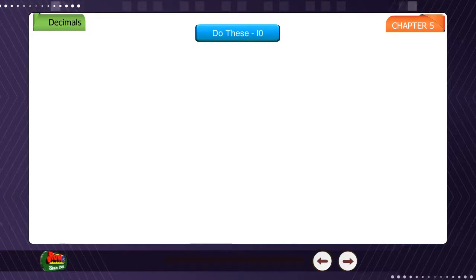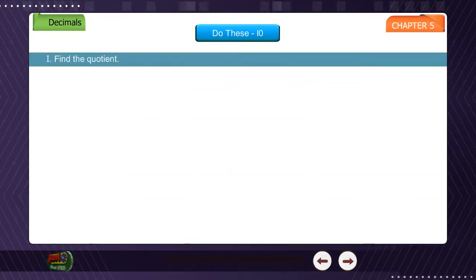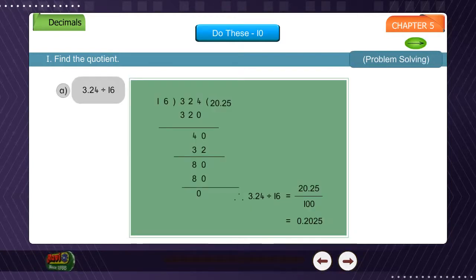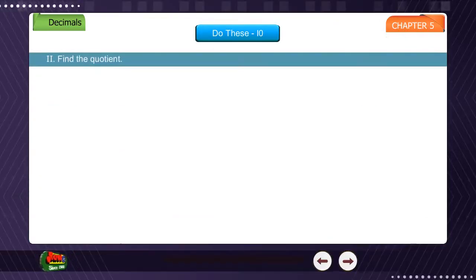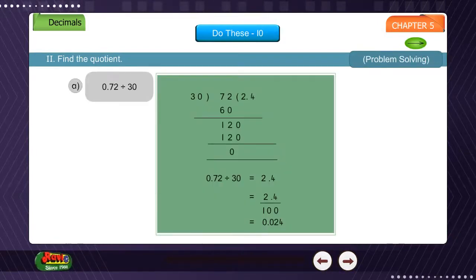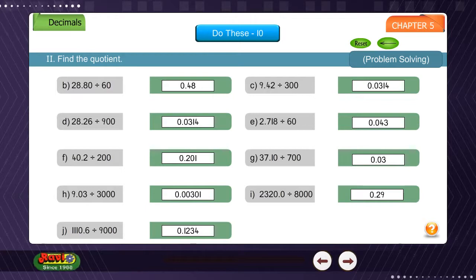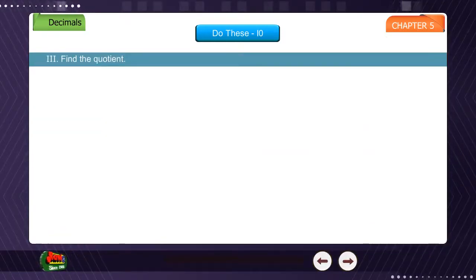Do these. 1. Find the quotient. Problem solving. 2. Find the quotient. Problem solving. 3. Find the quotient.